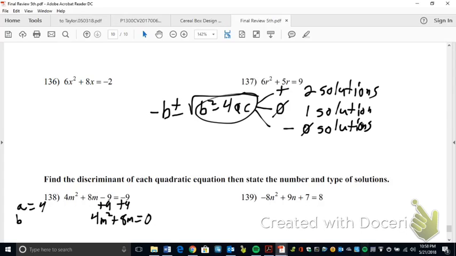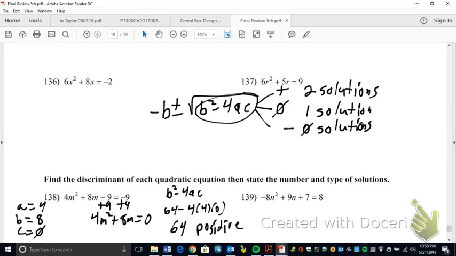So A equals 4, B equals 8, and C equals 0. Plug that into B squared minus 4AC. 64 minus 4 times 4 times 0. That's going to be 64 minus 0. And because that is a positive number, we get 2 solutions.